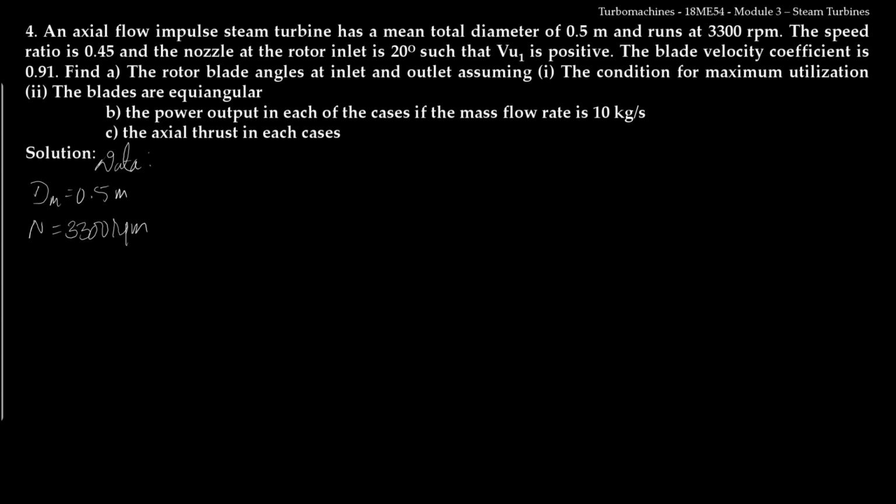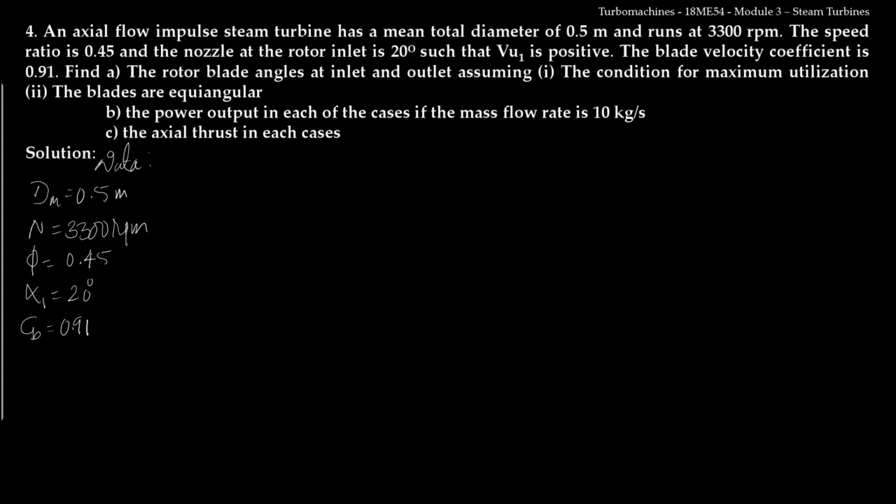Then they have given us the speed ratio, which is denoted by phi, and that is 0.45. Then we have the nozzle angle at the rotor inlet, that is alpha 1, which is 20°, and the blade velocity coefficient, that is Cb, is given as 0.91.